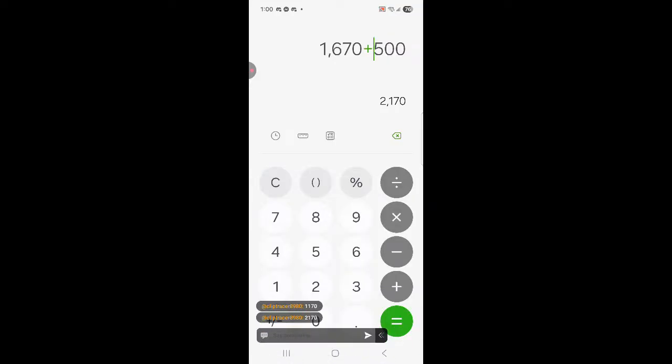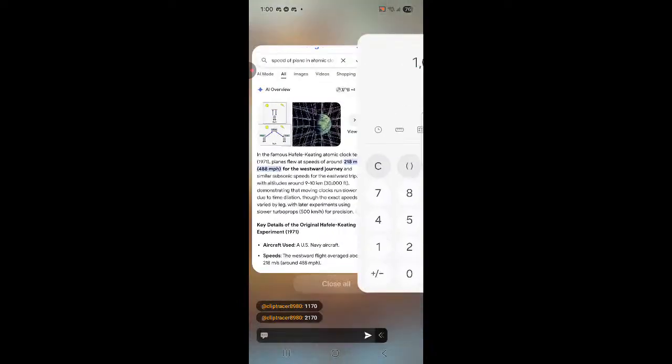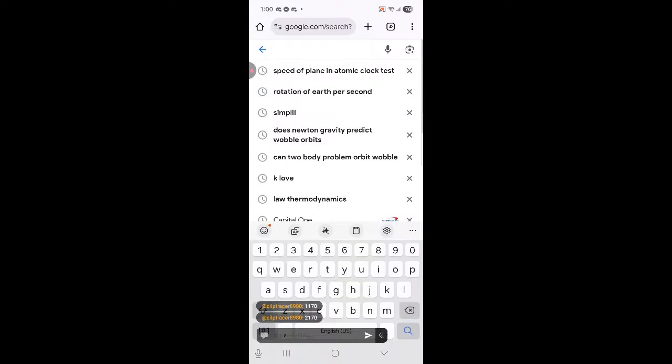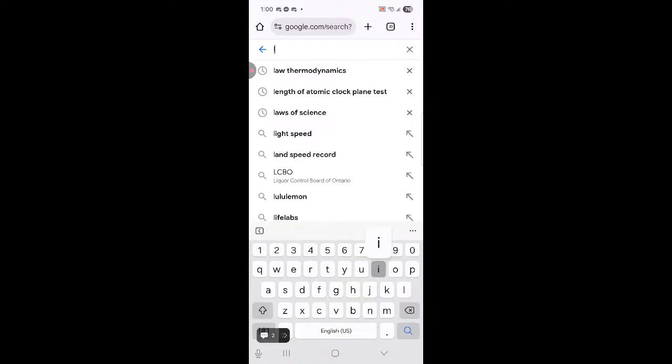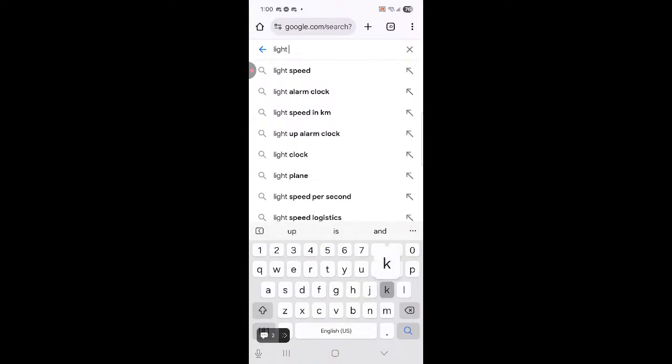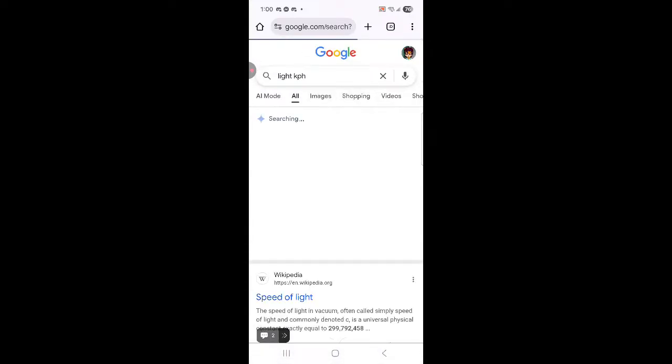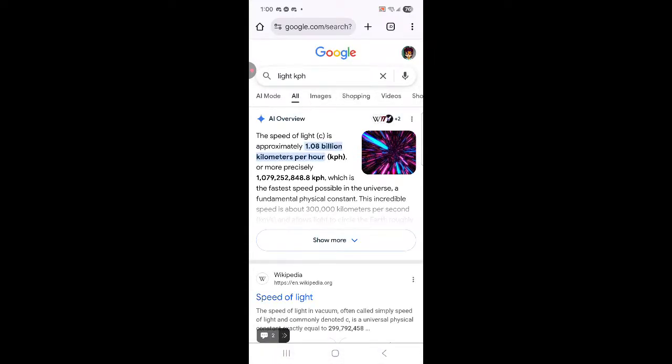And then that, the amount of kilometers per hour compared to the speed of light, which in kilometers per hour is a gigantic number.